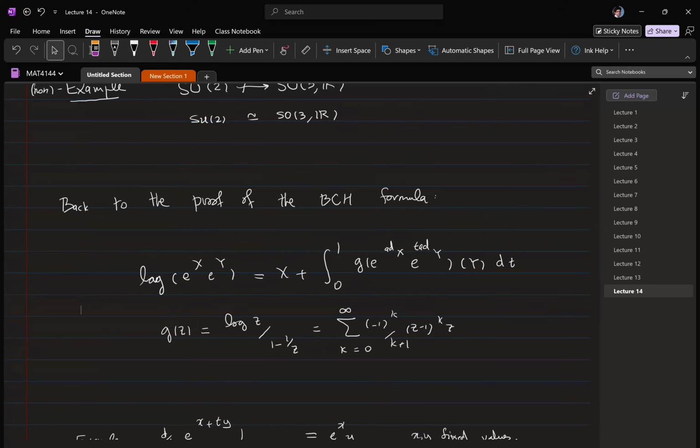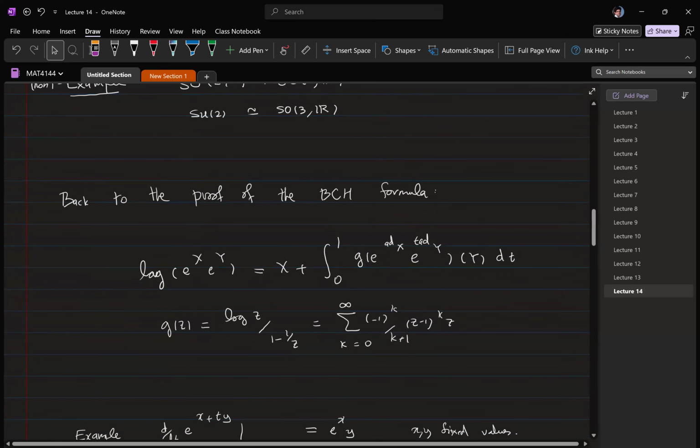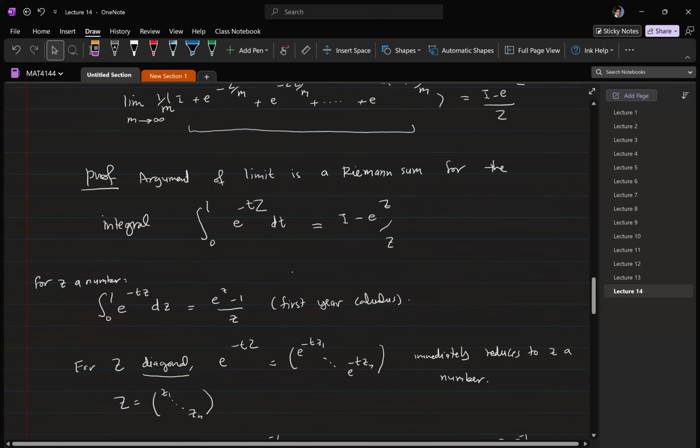Again, you remember when we wanted to prove the BCH formula for the Heisenberg group, we introduced some parameter t, right? It seemed like a redundant parameter at first, but it helped us because we got our formula by differentiation and evaluating at 0. So we want to repeat the same trick by introducing some extra parameter.